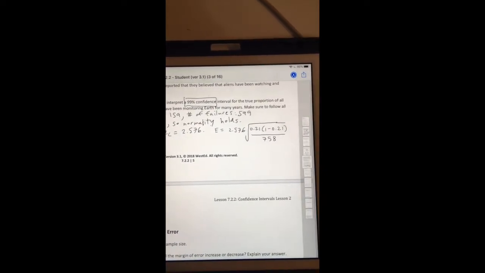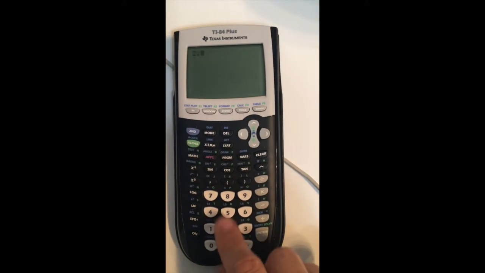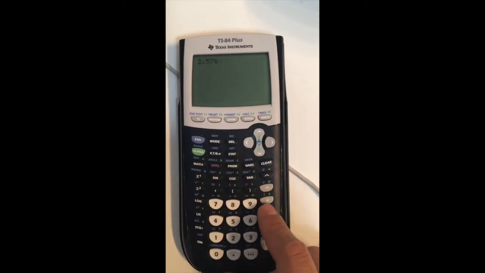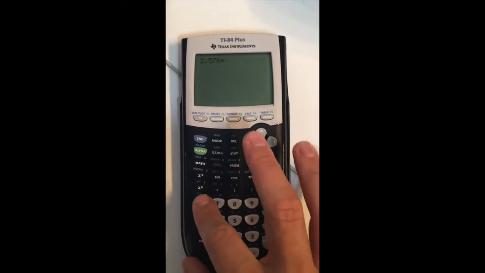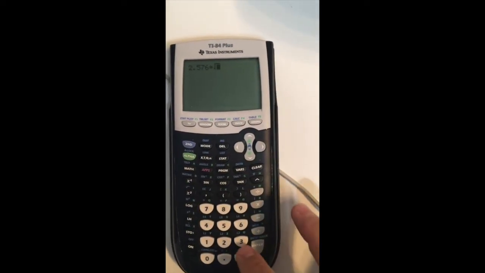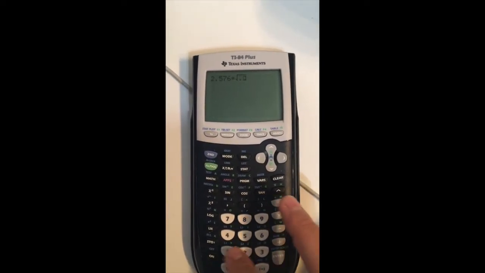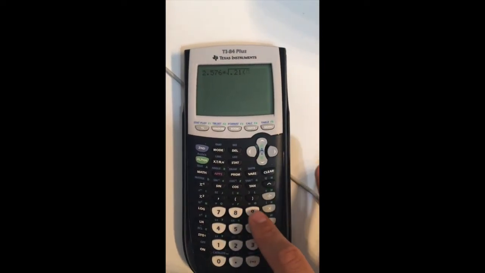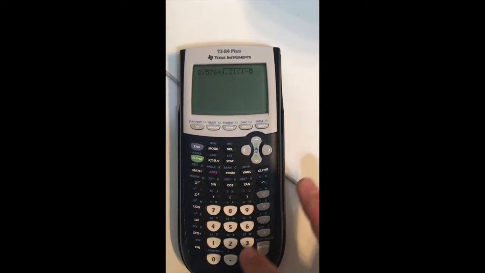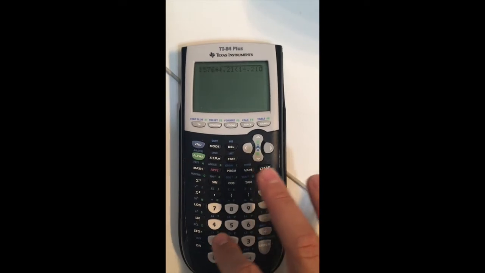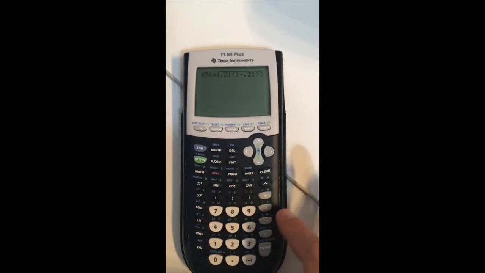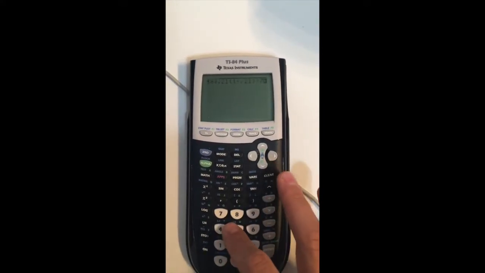Okay. So let's demonstrate doing this on our calculator. So I'm going to do 2.576 times second square root. It's going to be 0.21, open parentheses, 1 minus 0.21, close parentheses, divided by 758.